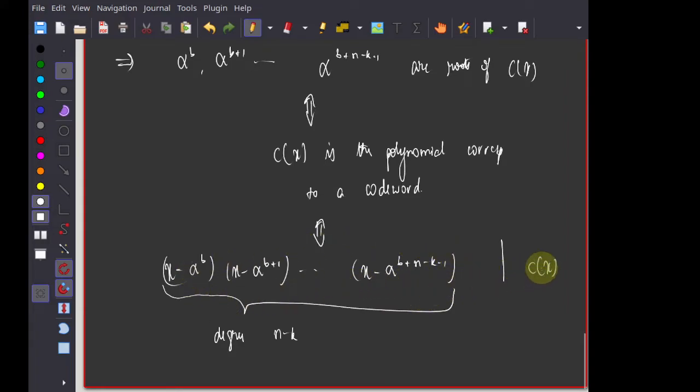So it is possible to generate all code words by multiplying this with some other polynomial. If I take this polynomial and multiply it with any polynomial of degree strictly less than k, then I get a valid code word.